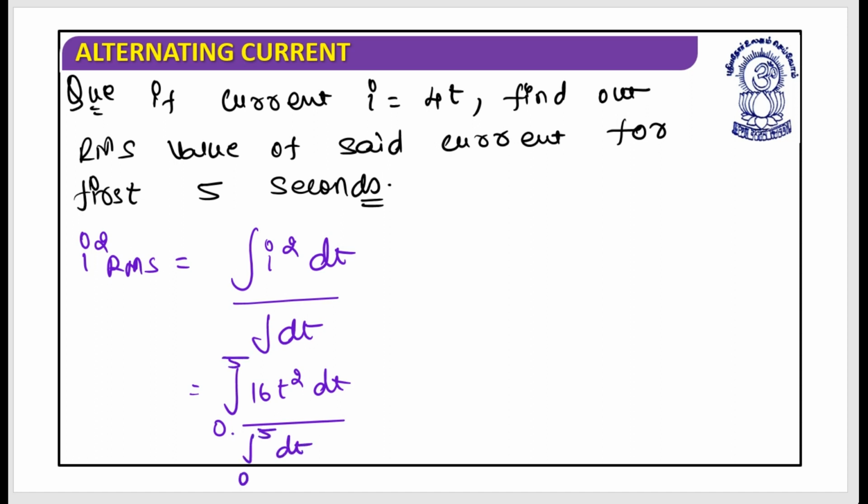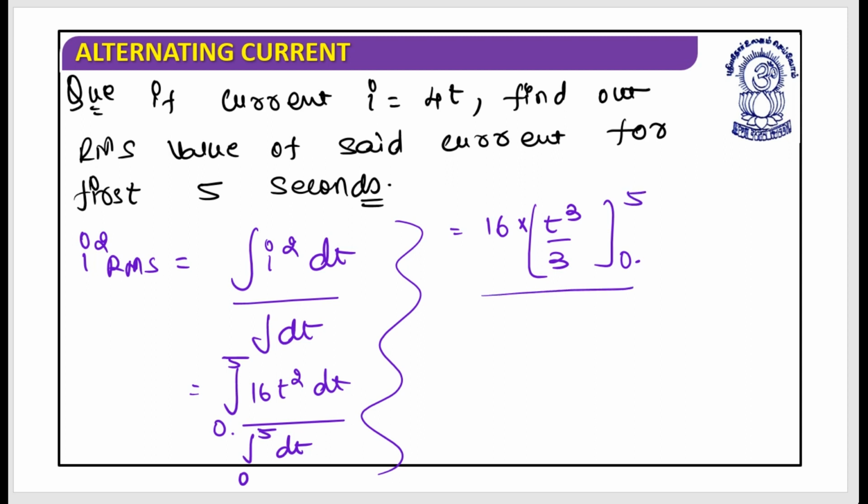When I calculate this, it is 16 into t squared, and the integral of t squared is t cube by 3 from 0 to 5, divided by 5 minus 0. So this is 16 by 3 into bracket t cube, which is 5 cube, 125, minus 0, divided by 5.